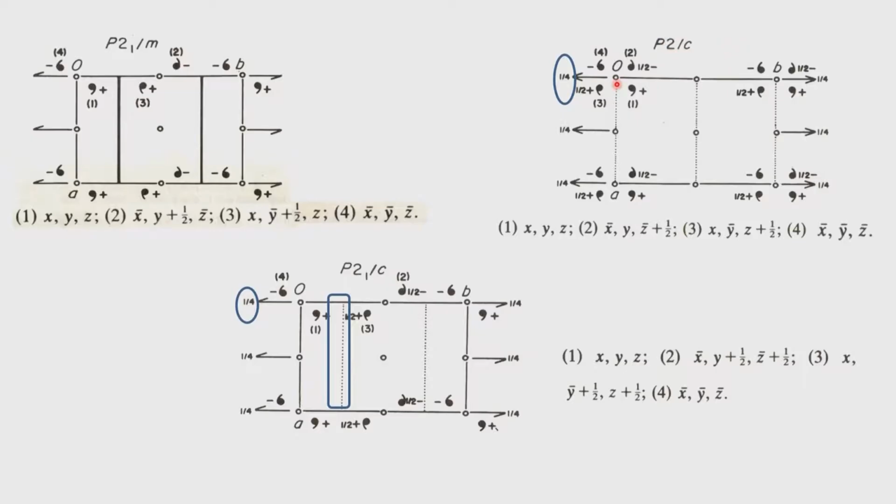Just to repeat, this presence of the center of symmetry will necessitate the symmetry which does not have a translation component to be associated with a movement of 1/4 along the direction perpendicular to the unique axis.